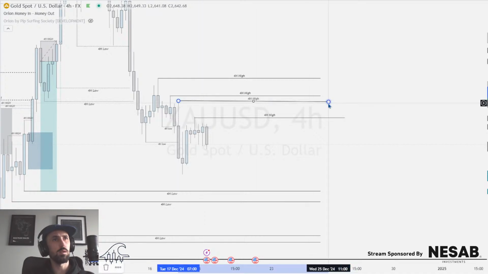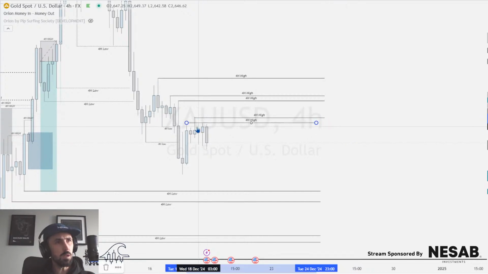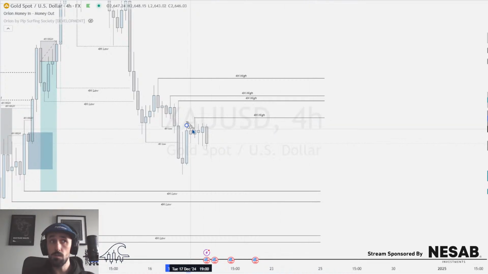Okay, so we have 1, 2, 3, 4 highs. There was a high here that was taken, so there may actually be an entry for gold here. I don't know if there is. We will take a look at that though.